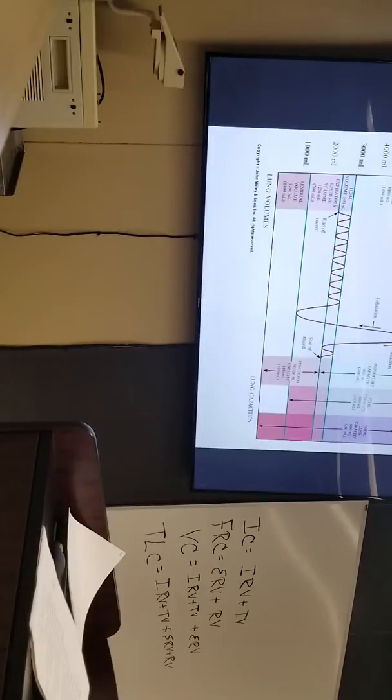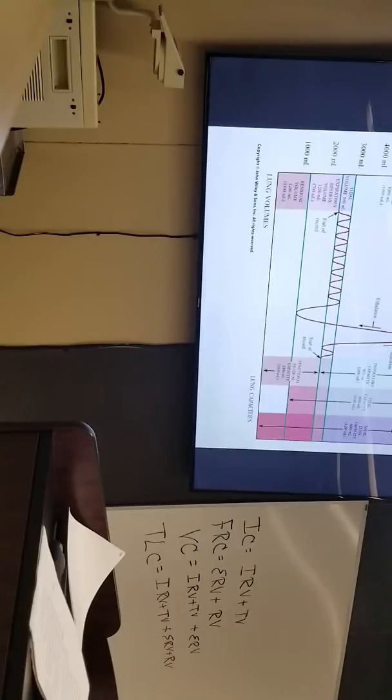So IC equals IRV plus TV. You look at the graph, read off the numbers, add those two together, and you have your inspiratory capacity. Your functional residual capacity takes into account the air that you breathed out, plus what's left over.